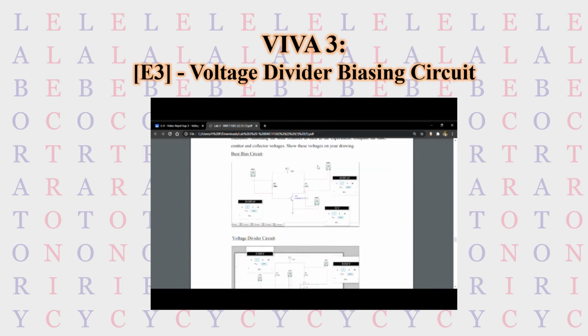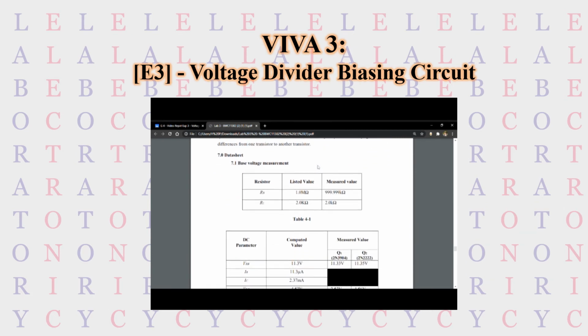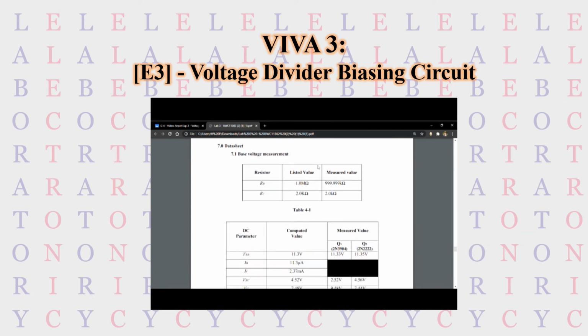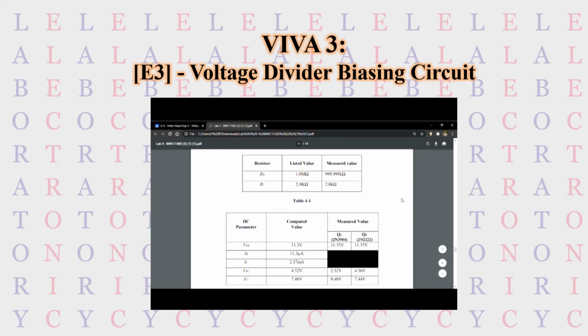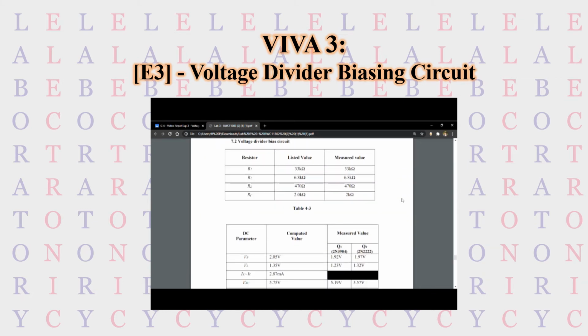Next, I want to show the data sheet that I got from the simulation that I have done. 7.1 shows the base voltage measurement. Next one is 7.2, which shows the voltage divider bias circuit.